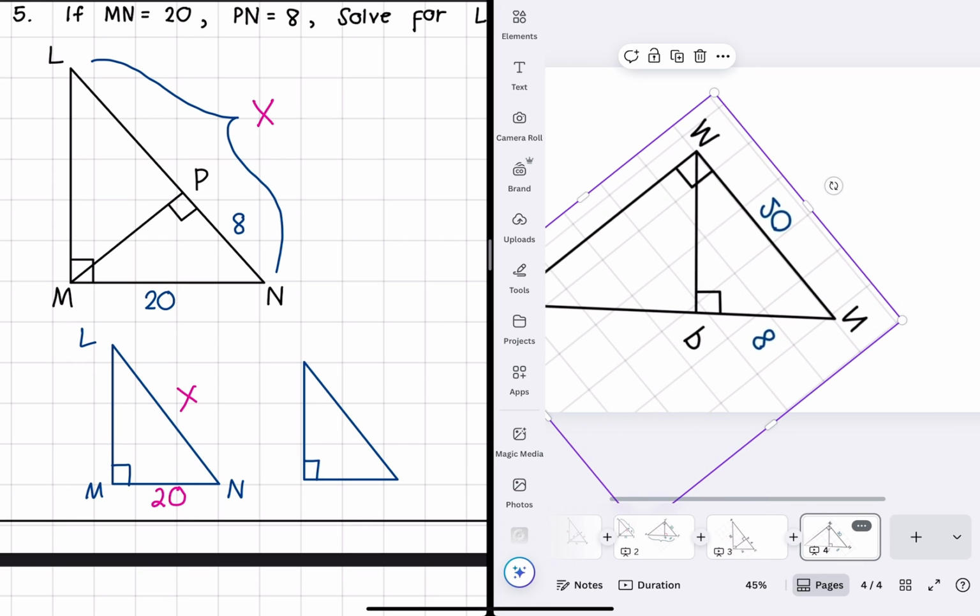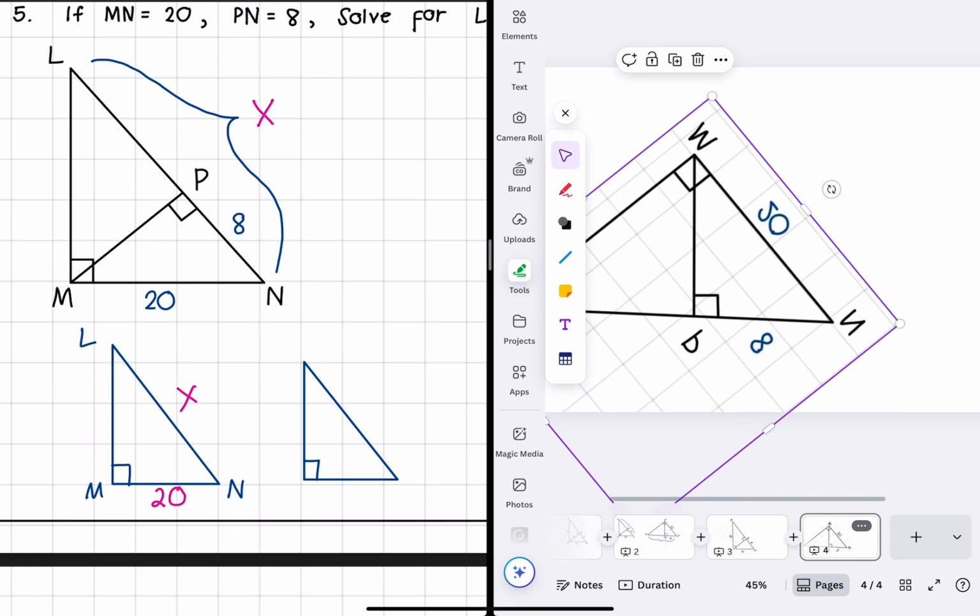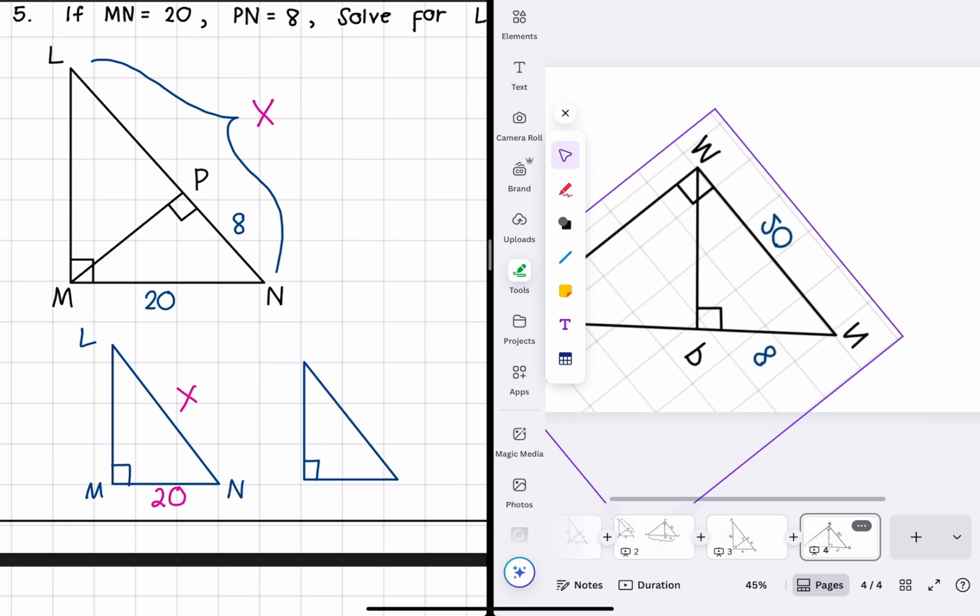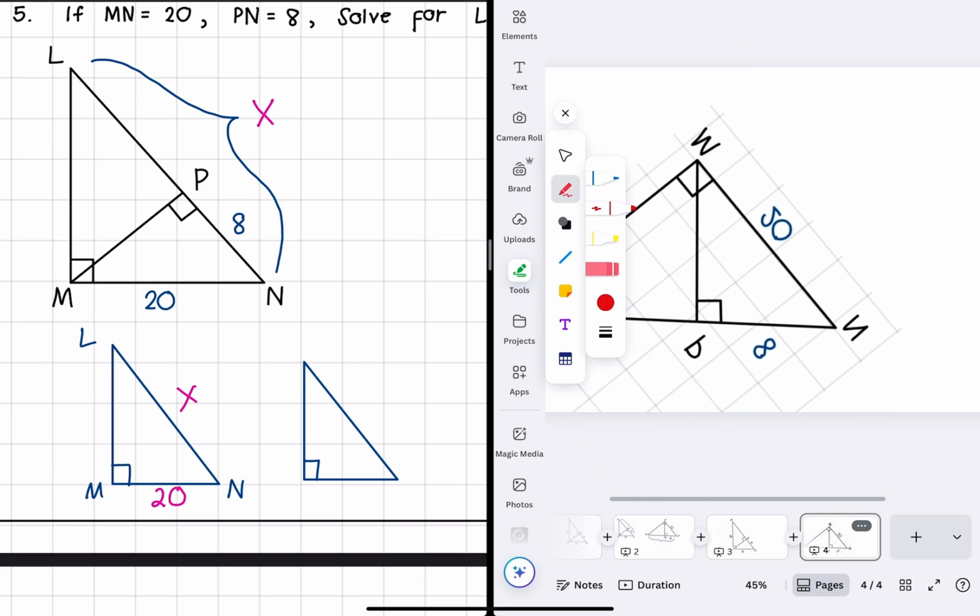There you go. So from this figure, I can see the triangle MPN, wherein P is the right angle.